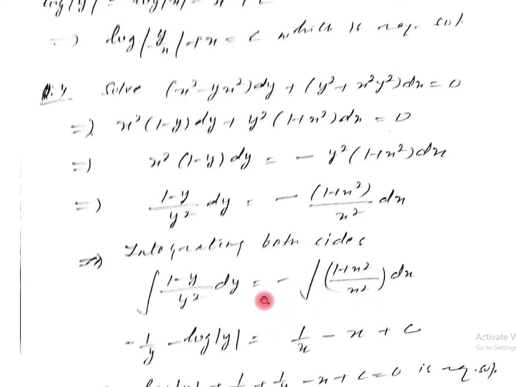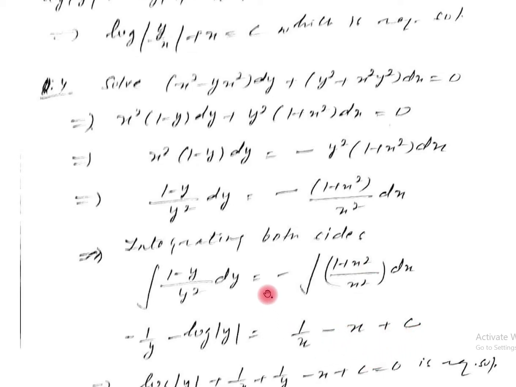You can do it in two steps also. First you can separate the function, then you can easily integrate. Then it is 1 upon x square minus 1, the integral of 1 is x plus c. You can separate this into two parts, two steps, and easily integrate it.